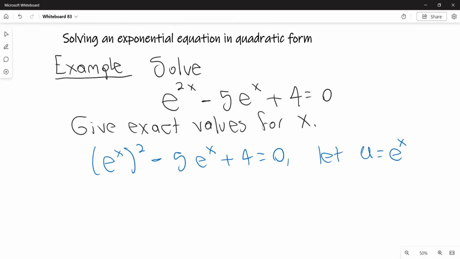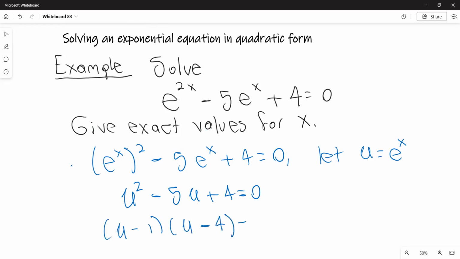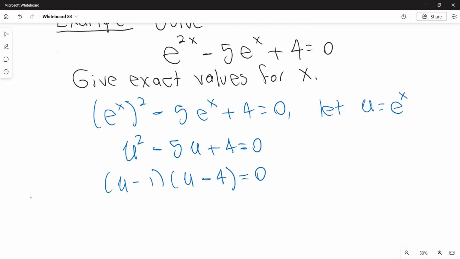And that will become u squared minus 5u plus 4 equals 0. This is u minus 1 times u minus 4. So we know how this goes. Either u is equal to 1 or u is equal to 4, but u is e to the x.